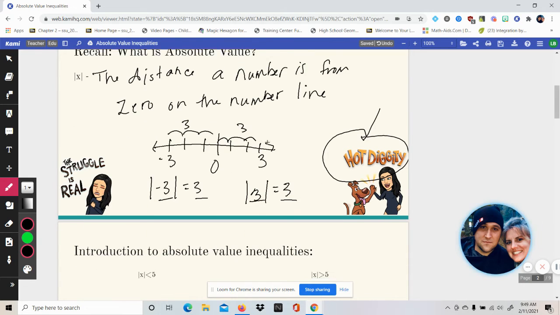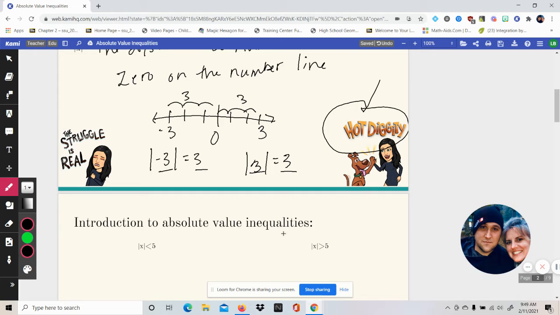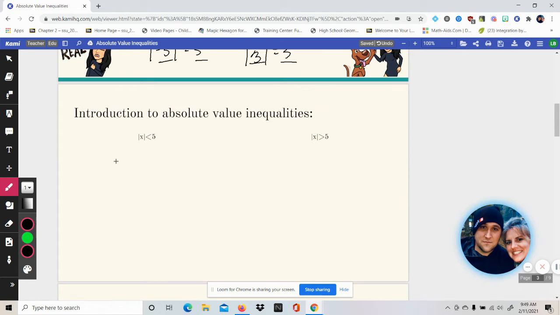So what does that mean then when we're looking at inequalities? Think about it this way. We're looking for values of x that are fewer than 5 units away from zero on the number line. So we got -5, -4, -3, -2, -1, 0, 1, 2, 3, 4, 5.